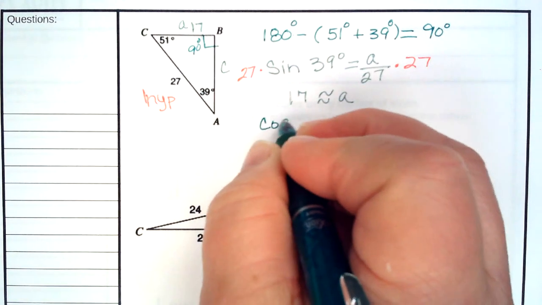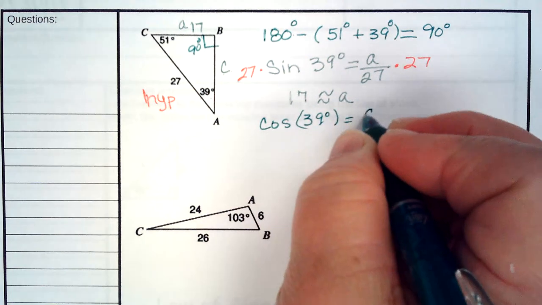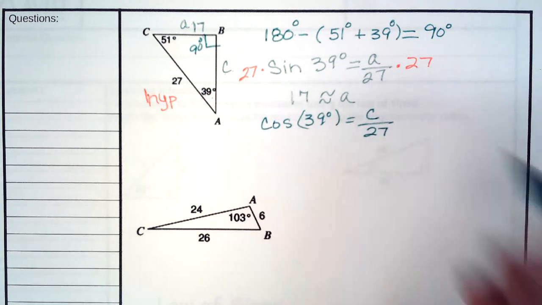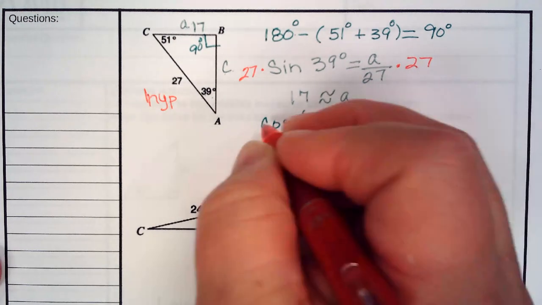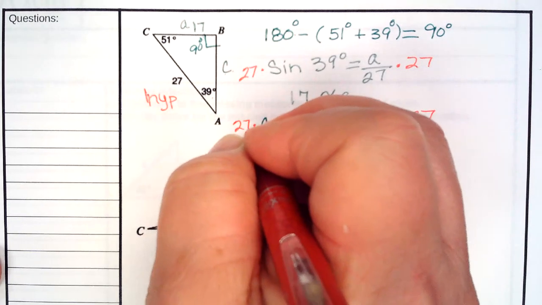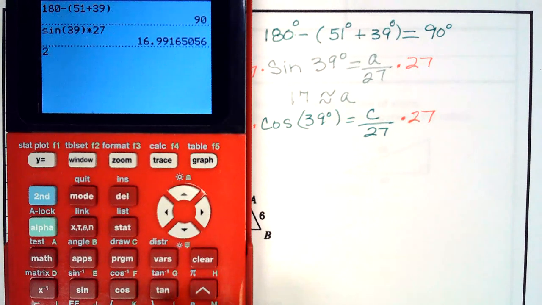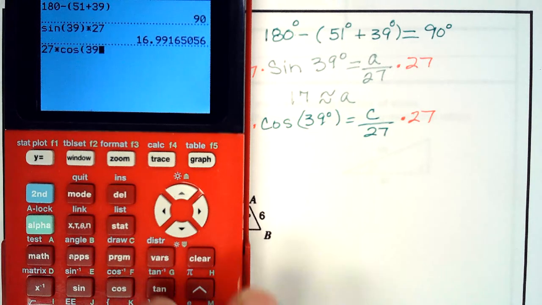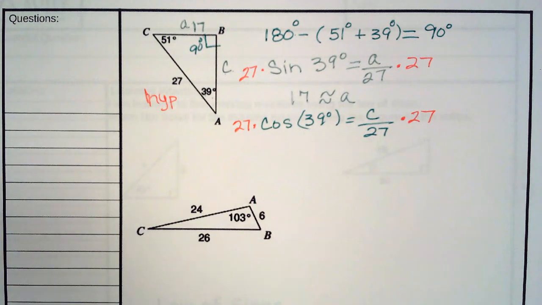So the cosine of 39 degrees is equal to C over 27. Once again, I've multiplied by 27 to get rid of the dividing by 27. And we get 20.98, which is approximately 21.